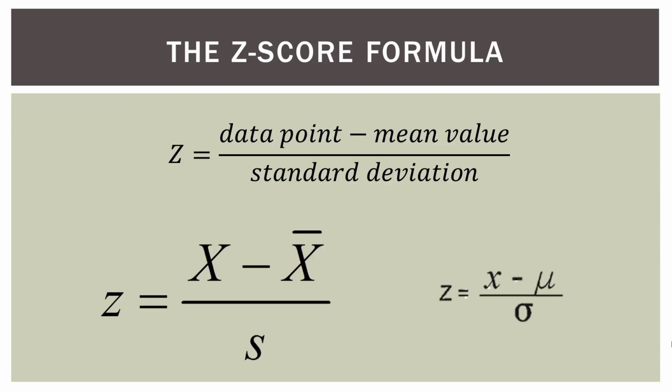Now sometimes that's denoted as s, sometimes it's denoted using the Greek letter sigma. It just depends on which book you're using. It does the same thing. So over on the right we have z, and that's x minus mu divided by sigma. It's the same thing, okay? So data point minus the mean divided by the standard deviation.